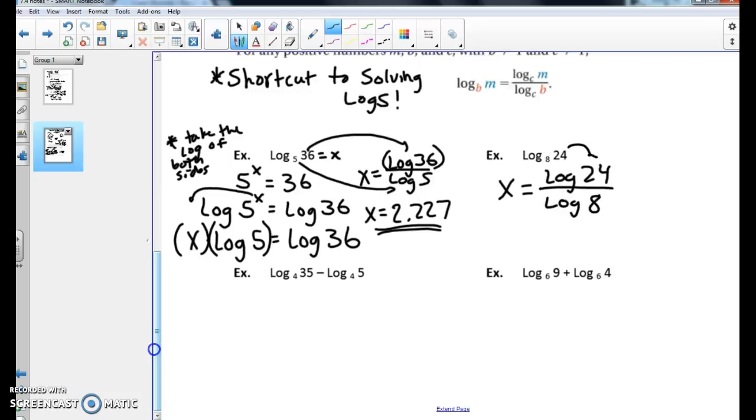I'm simply plugging in to the appropriate spots. Log of 24 over log of 8, when you type that in, should be 1.5283. We'll keep doing some practice like this, but this is the shortcut that I'm talking about to solving logs. Hopefully that makes sense, and we'll wrap it up for now.